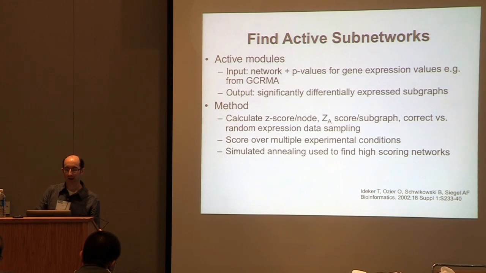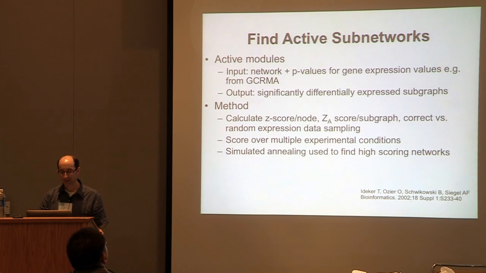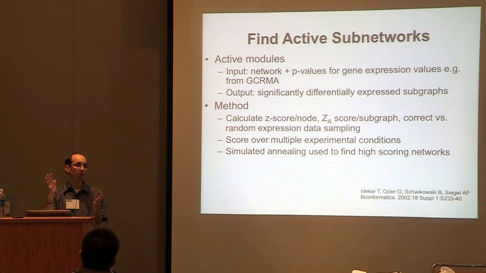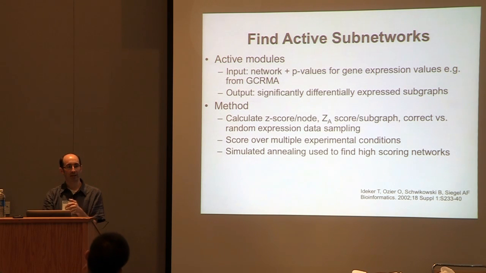There's also an app called Finding Active Modules from Trey Ideker's lab at UCSD. He published this method quite a while ago, and the idea is that if you have a network of gene-gene relationships, often it's protein interactions, but it could be any type of gene or protein relationships, and you have gene expression significance values, you know that a particular gene is significantly differentially expressed in, say, cases versus controls.